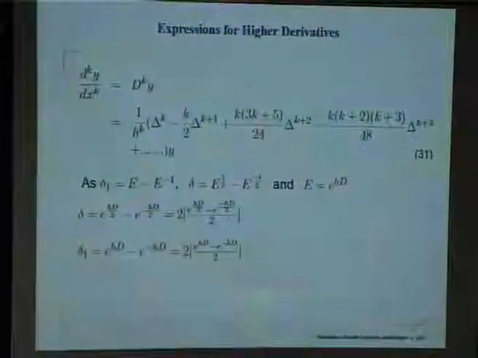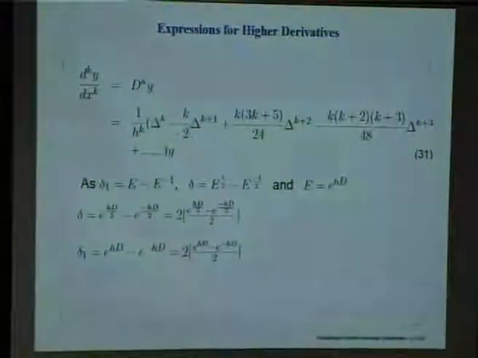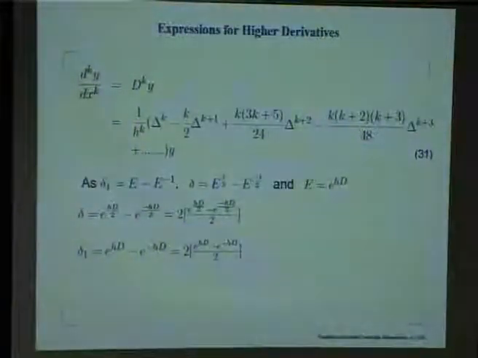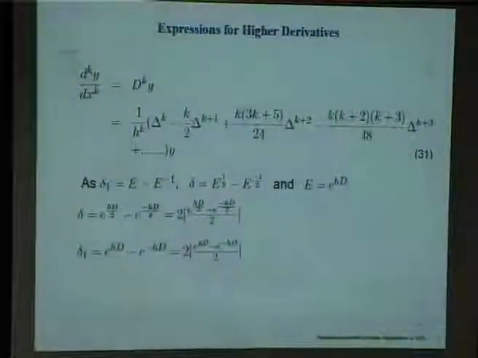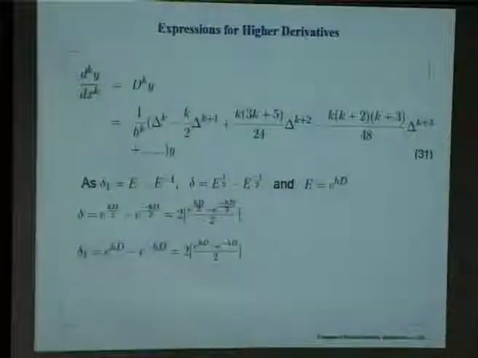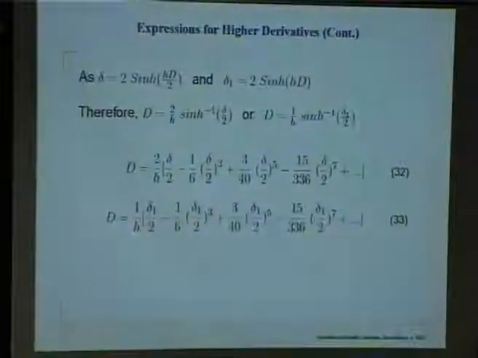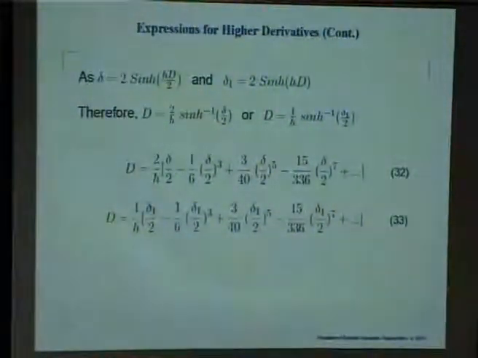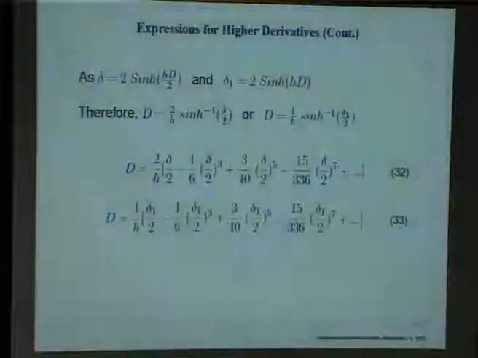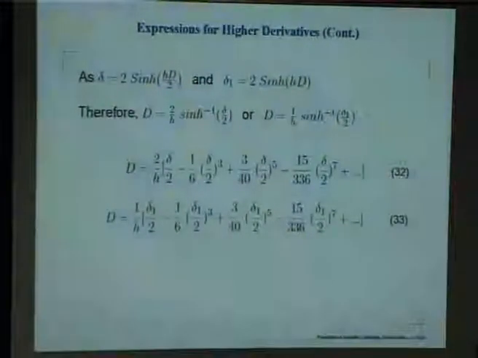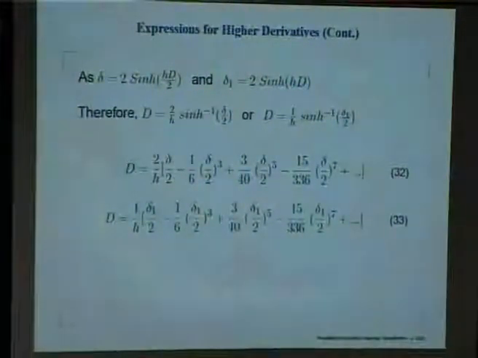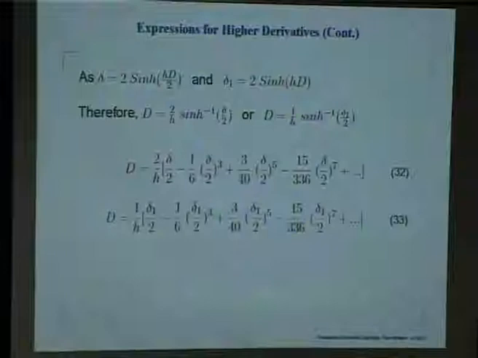So, that is what we get, and in terms of integral nodes we could write this, and I suppose there is a factor of 2 missing, then this 2 will not be there. And what happens is then we could write the central difference operator as 2 times sine hyperbolic h d by 2, or delta 1 in terms of, please ignore this 2 part, the sine hyperbolic h d.